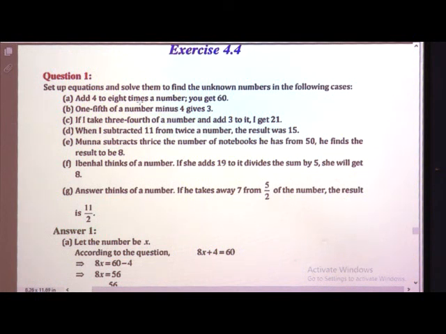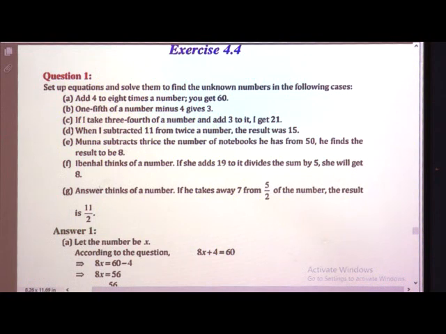So I am considering here, let the number be x. It is given as 8 times a number, so it will be 8x. Add means plus. What we have to add is 4, and is equal to what we get, which is 60.